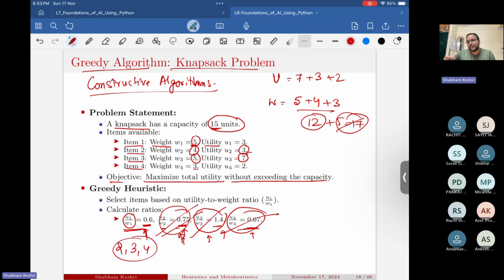It builds a solution one step at a time. Initially you had no objects picked, then it picked one object, then it picked another object, and at last it gives you this solution. So it is constructing the solution, therefore it is known as a constructive algorithm. So this greedy algorithm for the knapsack problem is a constructive algorithm.